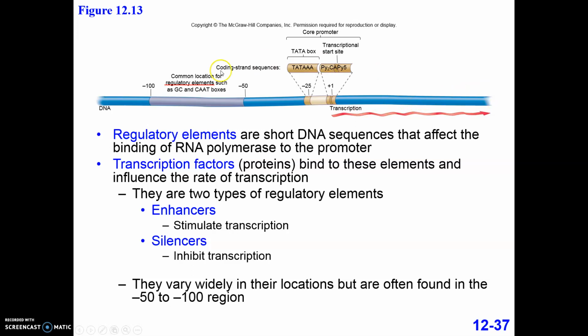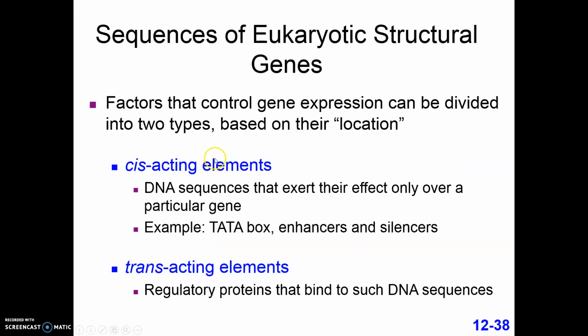Some will be downstream, some can be thousands of base pairs away, some might be in introns. So there is a lot of variety of how that can happen, but some of the common ones will exist in this region upstream.